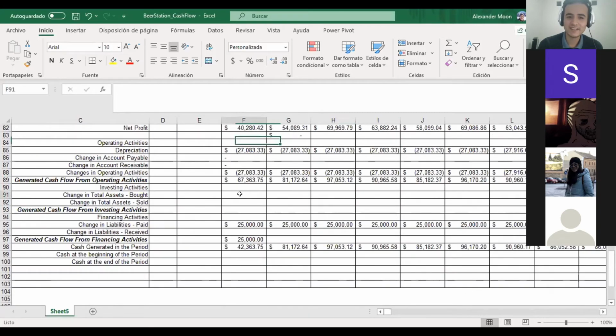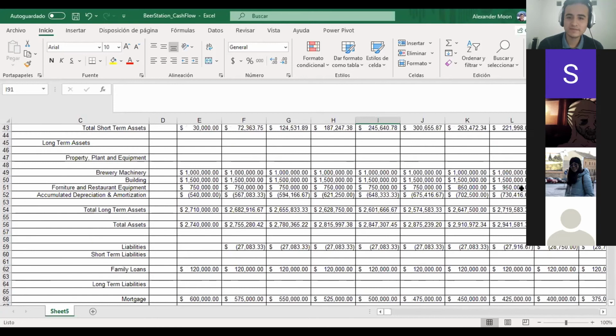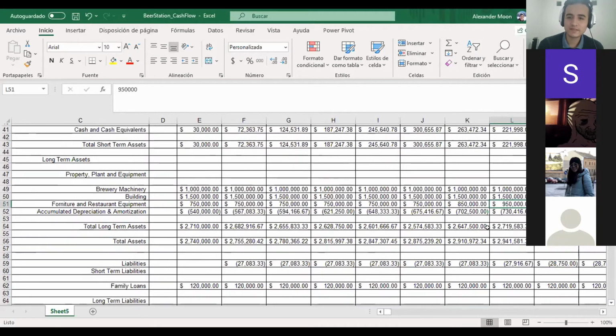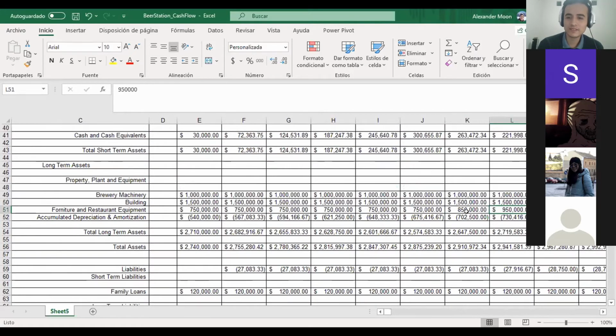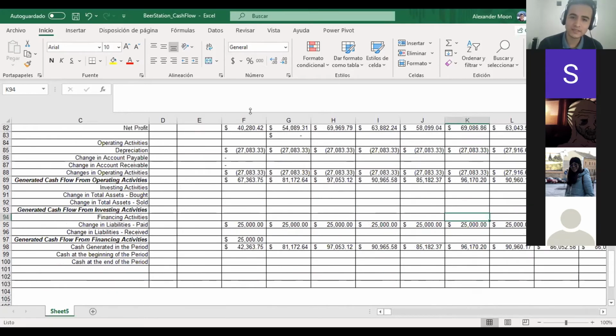Change in assets spot. I think it's right here. So it goes, 100,000 one month and 100,000 another month. Yep. Change that for your next homework.